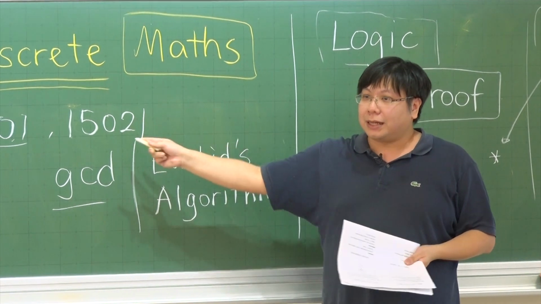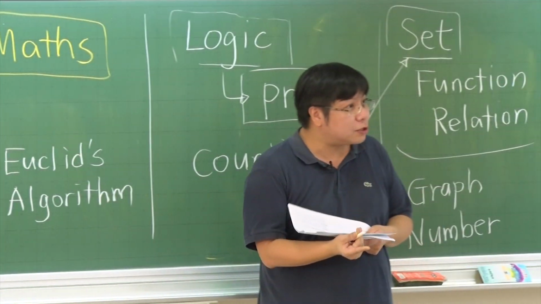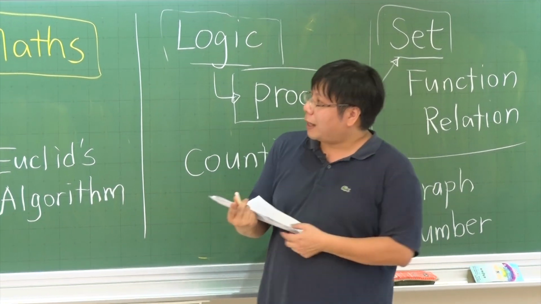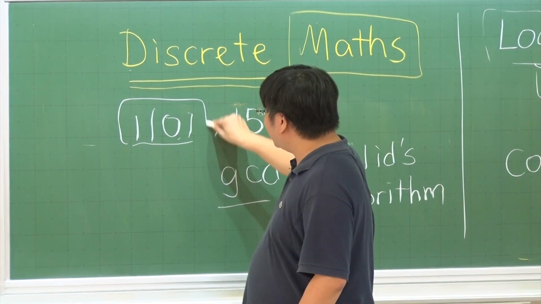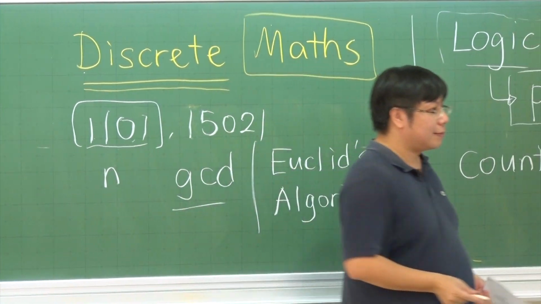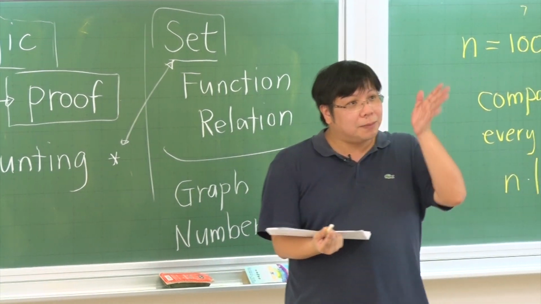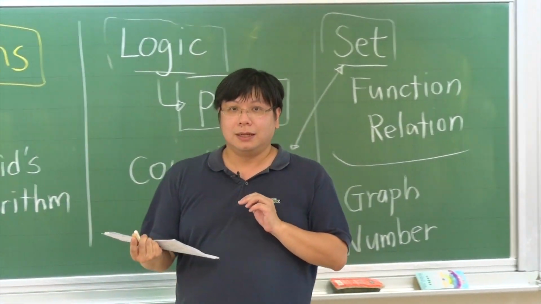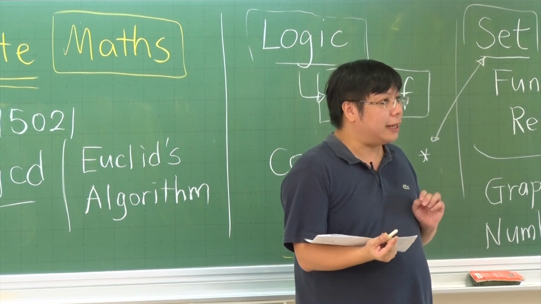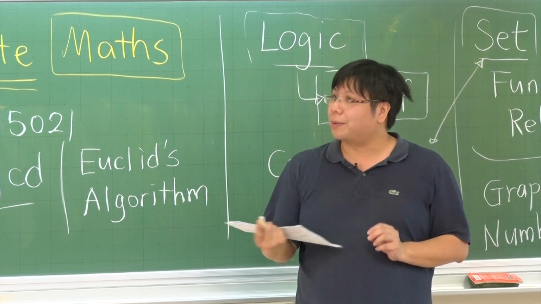But this is a way that you can do this much faster. Let's call the smaller number n. If we try all the numbers less than 1101, then we will need order n division operations.